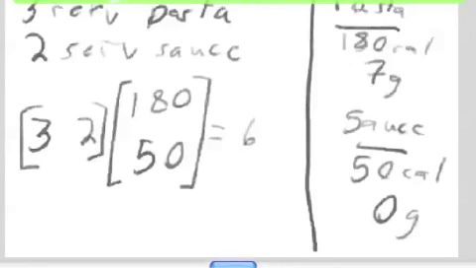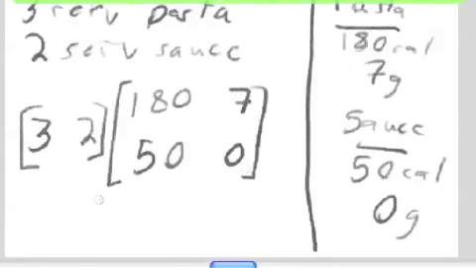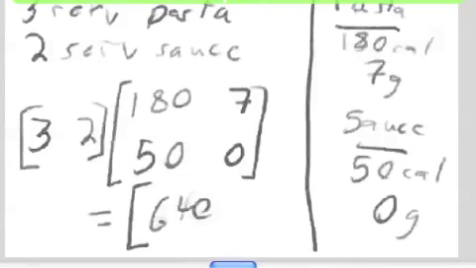But why stop there? We can take another column and have this column represent the amount of protein in each. Again, we get the same thing for the first entry, because it's just the first row times that first column, giving us 640 in the first row and first column of the answer matrix.